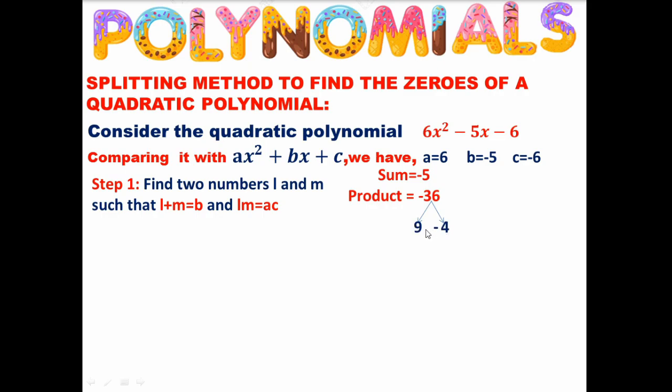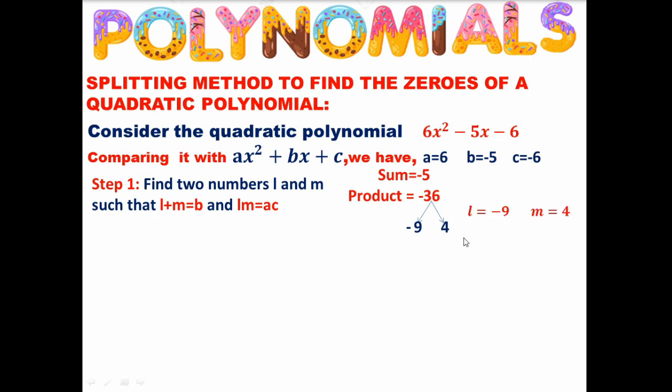But you see, when you add the two numbers, find the sum, it will not be minus 5. Here the sum is also negative, right? So if the sum is negative, then you automatically shift the minus sign to the bigger number. So whenever the sum of the terms and product of the terms are negative, you take the bigger number to be the negative number. Okay.